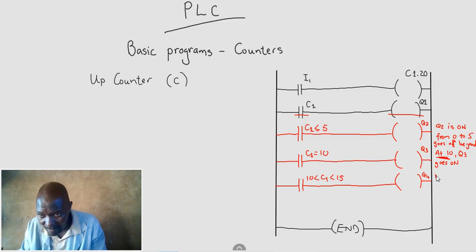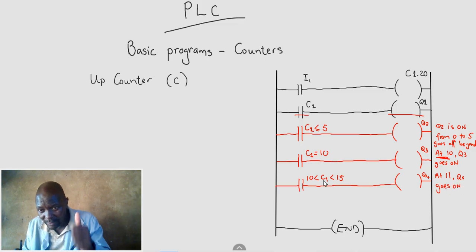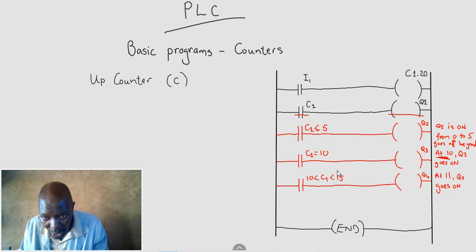At 11, Q4 goes on. 12 stays on. Click again. 13 goes on. 14 goes on. 15 doesn't accommodate equal.